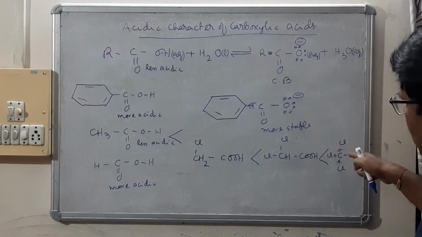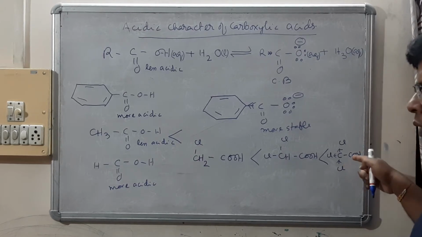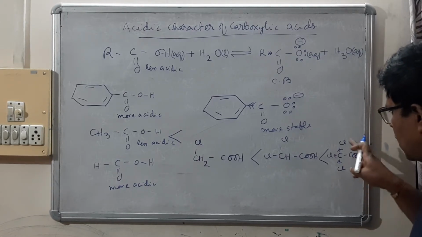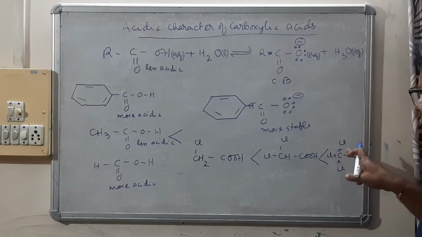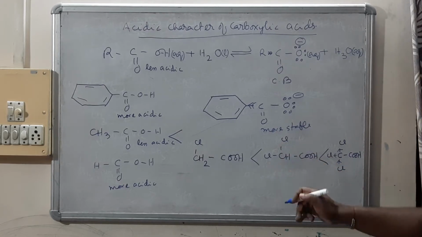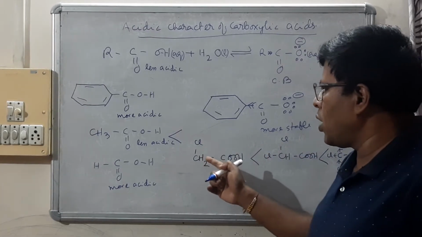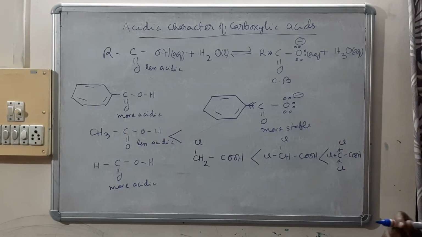So the conjugate base out of here will be more stable. So that's why this carboxylic acid will be most acidic, and then next it will be this one because of 2 chlorine atoms, then this one with 1 chlorine atom, and this one will be least acidic out of all these.